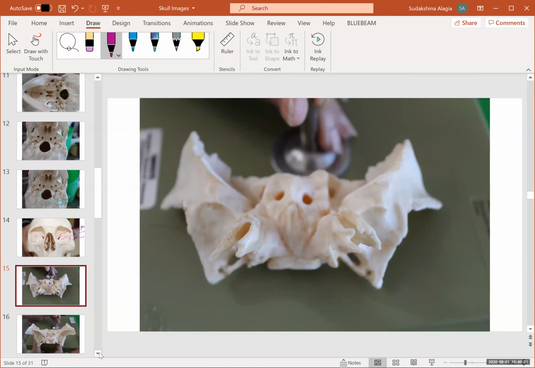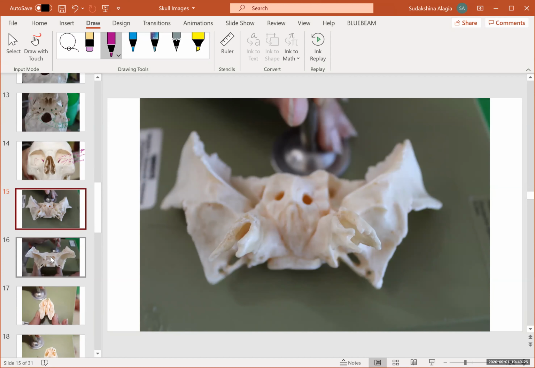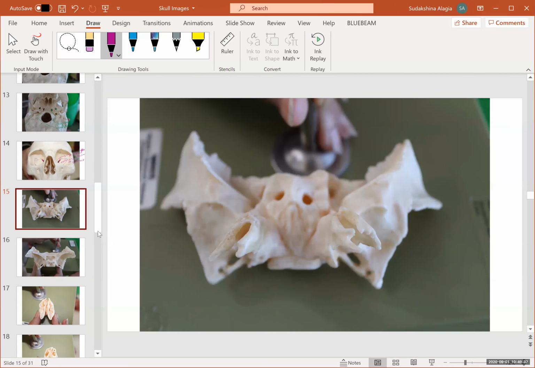I also have a posterior view here. This part of the sphenoid bone will be visible within the cranium. Some of this part is visible externally, but a lot of it is not. It's still deep within the cranium, behind your nasal cavity.